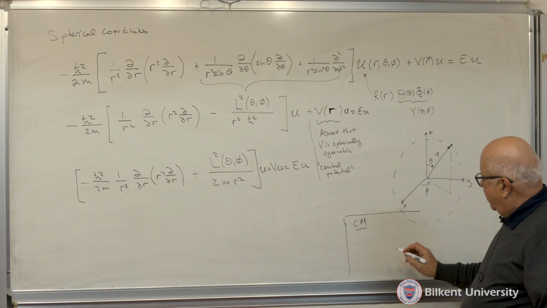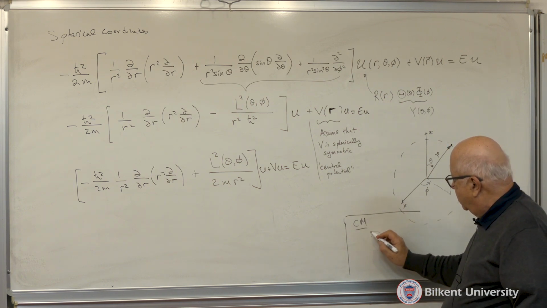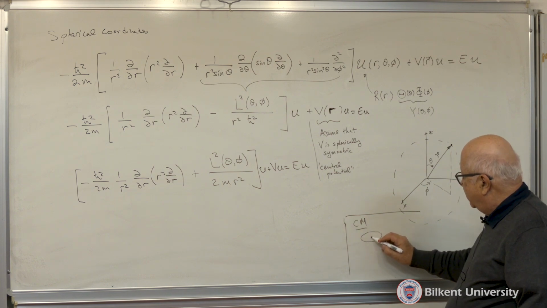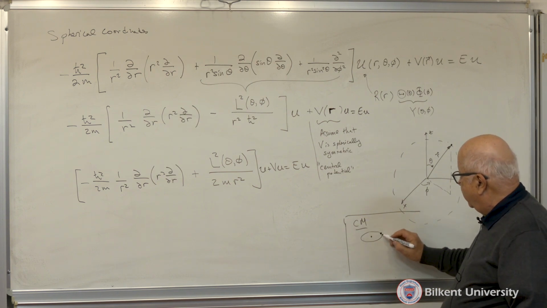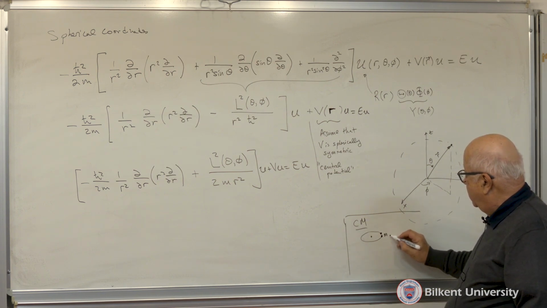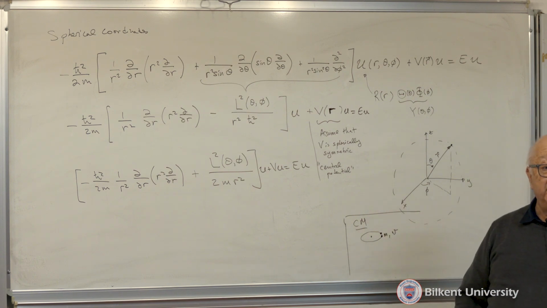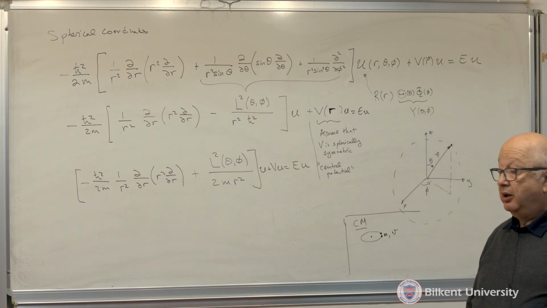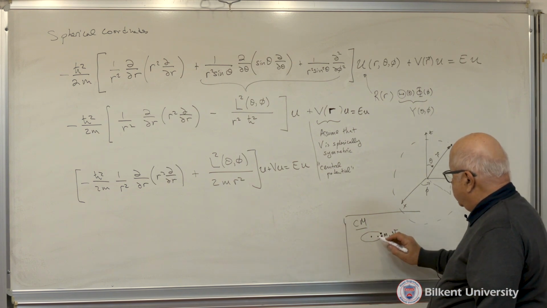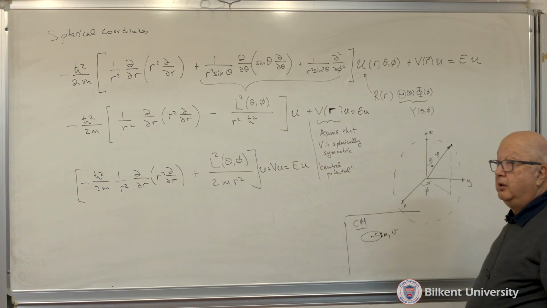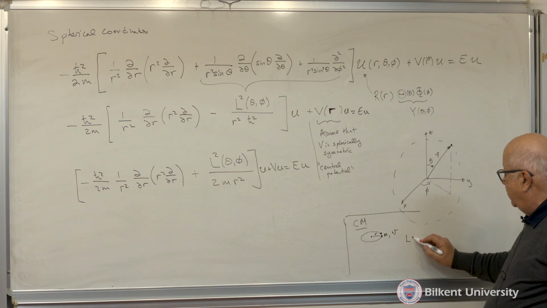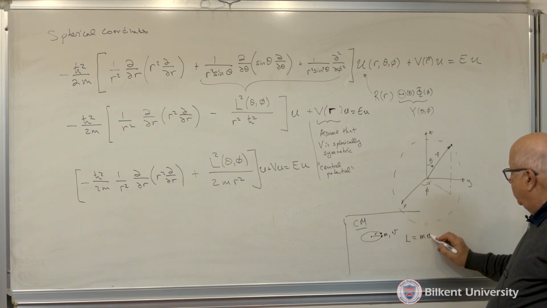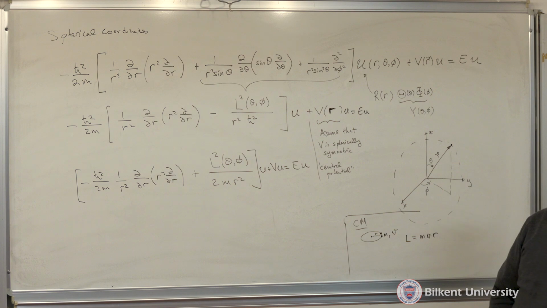If I have something rotating around a center, suppose I have an object with mass m moving with velocity v at some radius r. What is its kinetic energy? Well, let's write down the angular momentum. L is equal to mv times r.